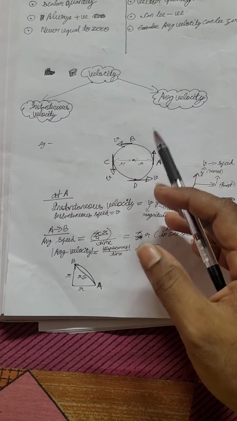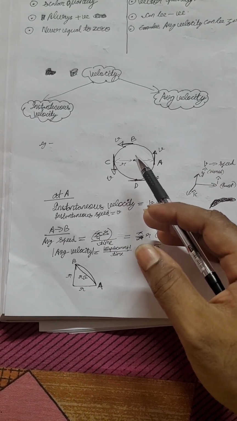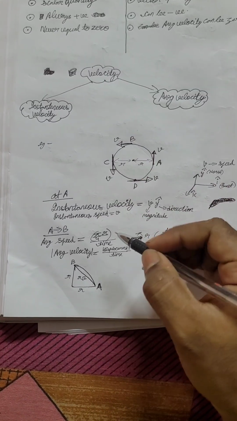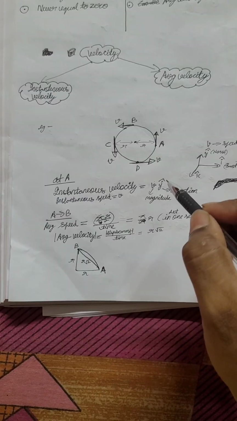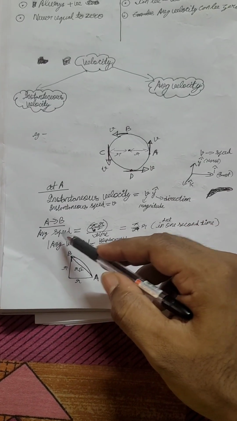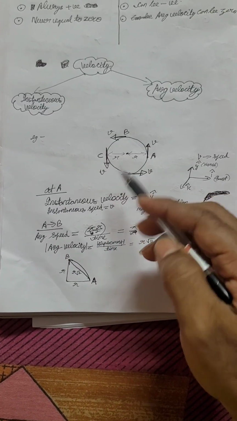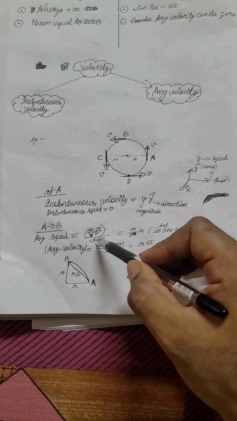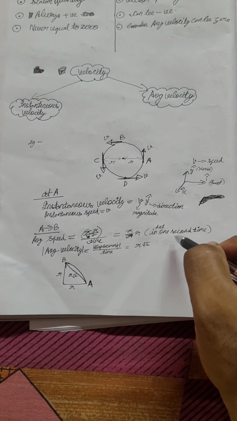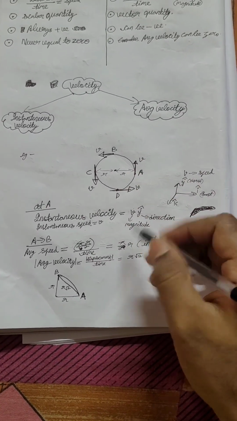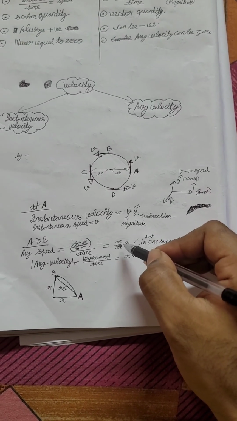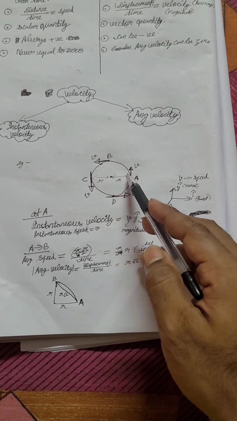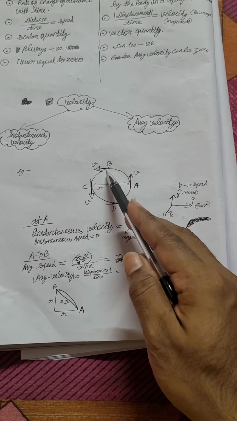Wait a minute, sorry, my mistake, my bad. The arc is pi r by 2, so the average speed is pi r by 2 divided by time. We will be taking 1 second for every case. So the average speed is pi r by 2. Average speed means this distance covered by time.